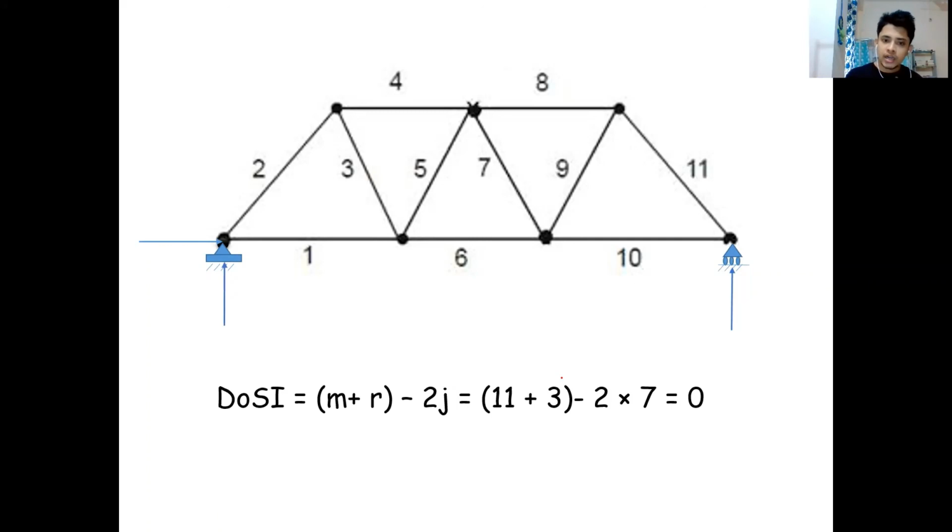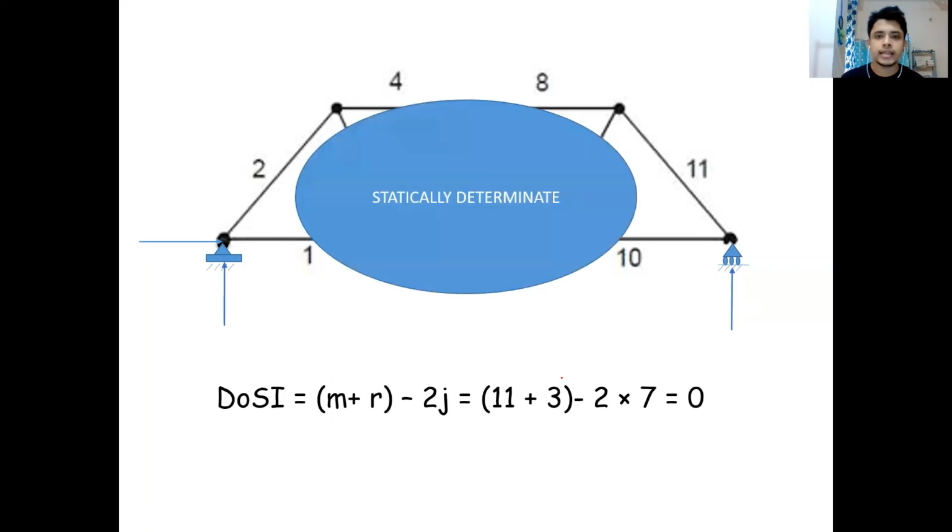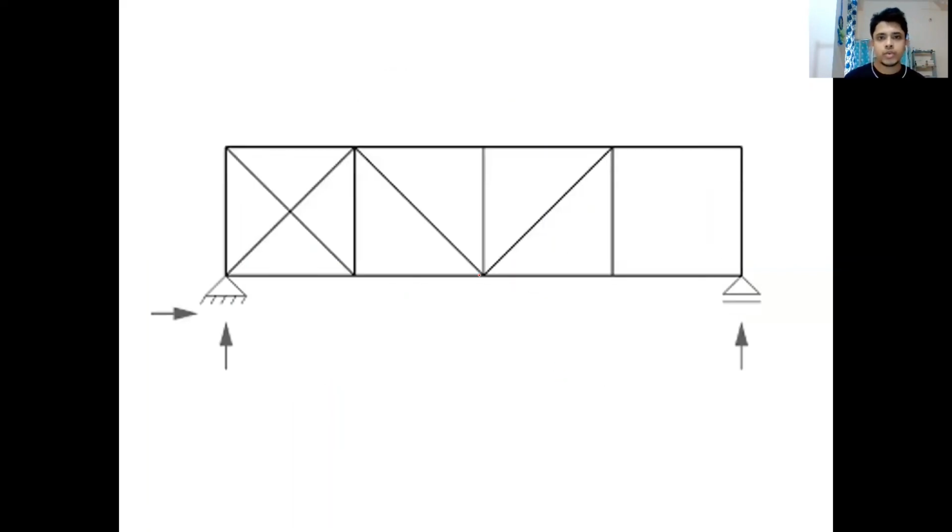That means unknown force is exactly equal to the number of equations we can write of static equilibrium condition. So that means we can solve the unknowns from the equations of static equilibrium only. So this is a statically determinate structure. Then another example, this one you will solve.